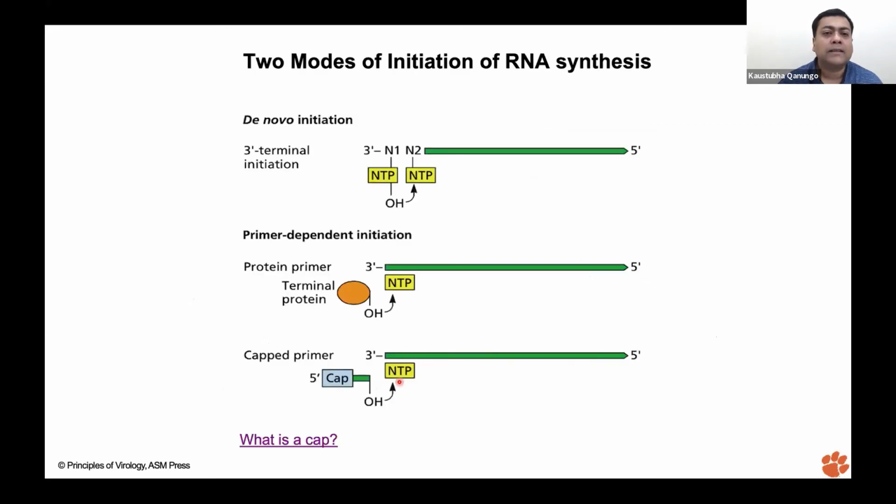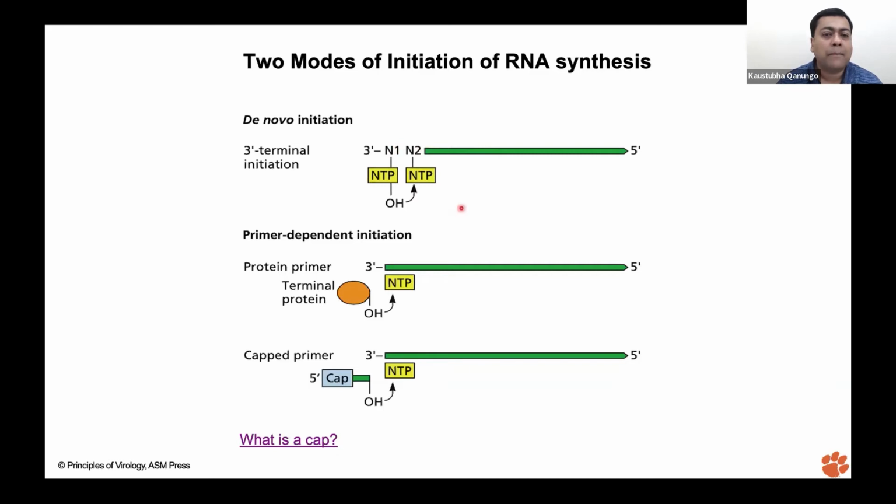So the next thing is what we talked about, what we mean by de novo initiation. Think about it: suppose this is an RNA right here, a 3' to 5' RNA. Suppose this is a negative sense RNA, and you are trying to synthesize a plus sense RNA on top of that. And right here, this is the first base, N1, N2.